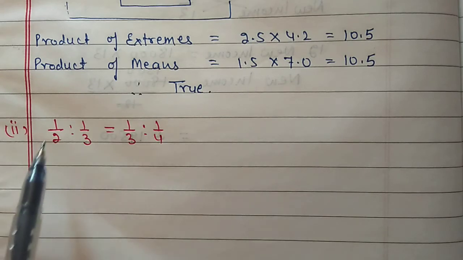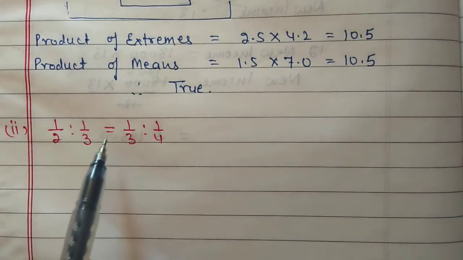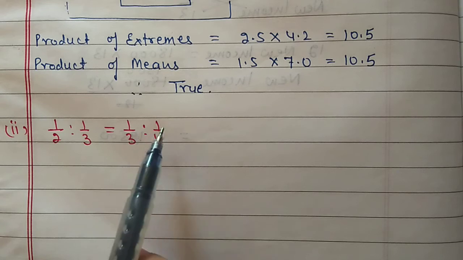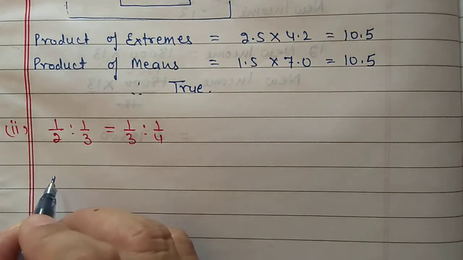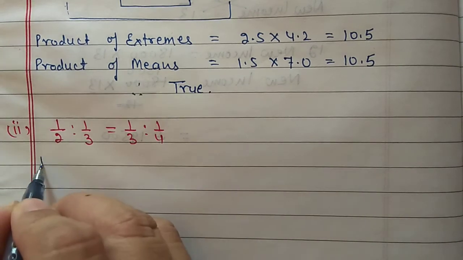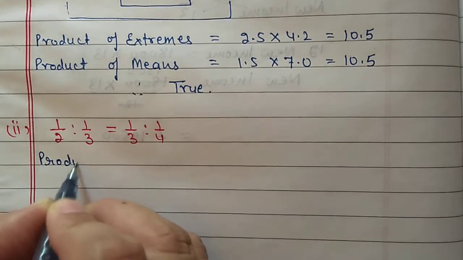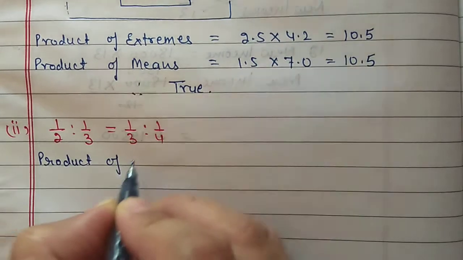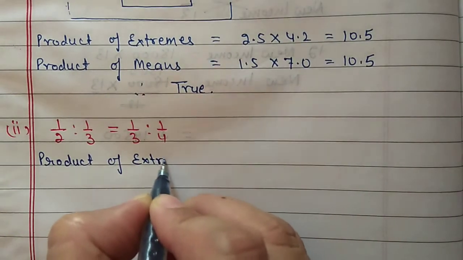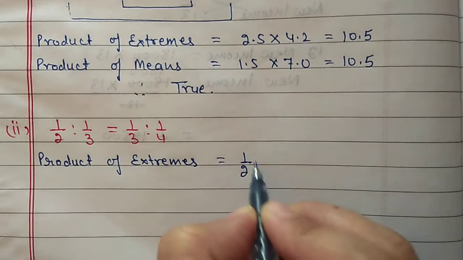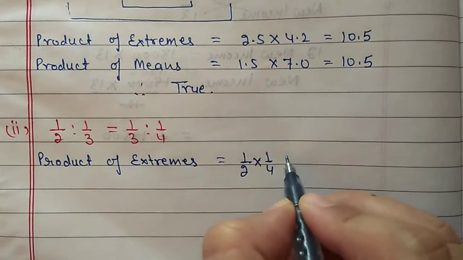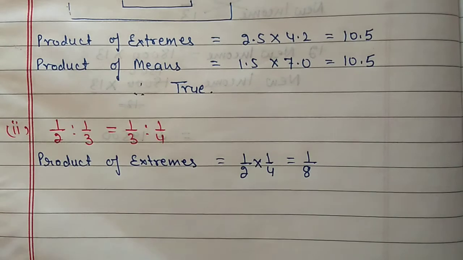Second part, 1 by 2 ratio 1 by 3 is equal to 1 by 3 ratio 1 by 4. So we will find out the product of extremes and product of means. Product of extremes is 1 by 2 into 1 by 4. So here we will get 1 by 8.